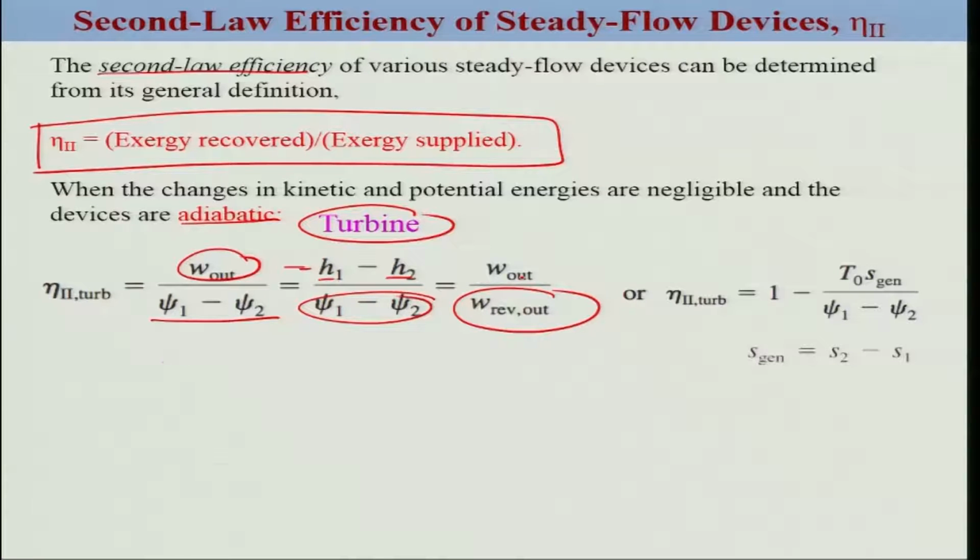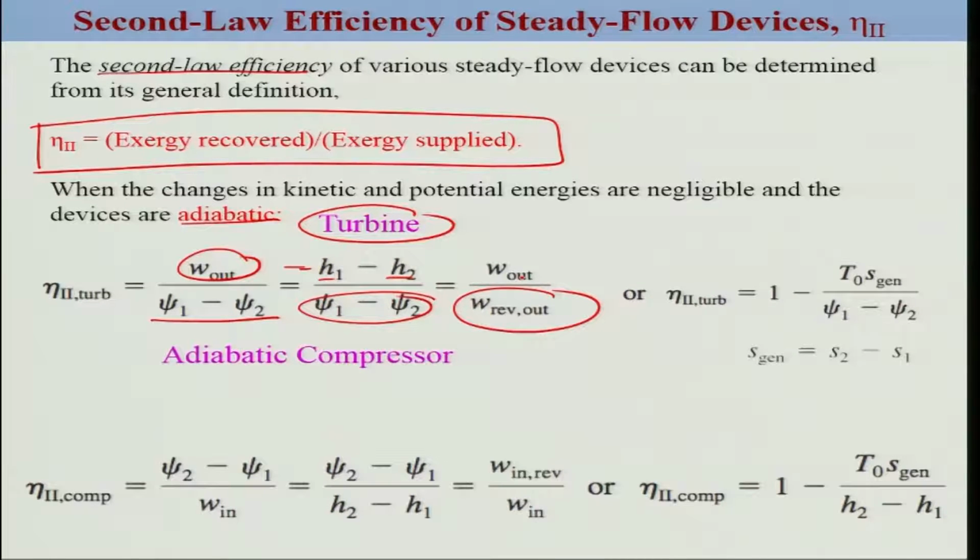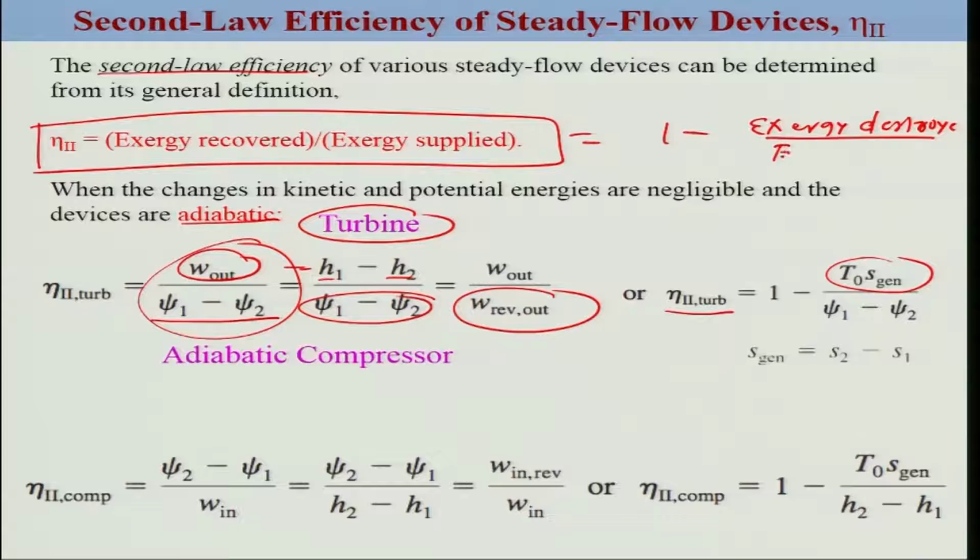Before I do that, let me also touch upon the fact that this second law efficiency based on exergy can also be rewritten in terms of 1 minus T0 X generation, which is nothing but X destroyed. So this could be simply written as 1 minus exergy destroyed divided by exergy supplied.